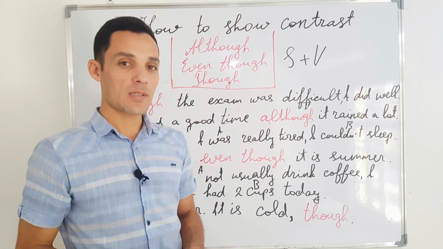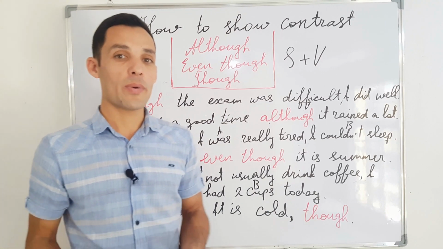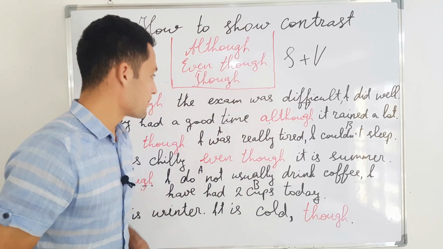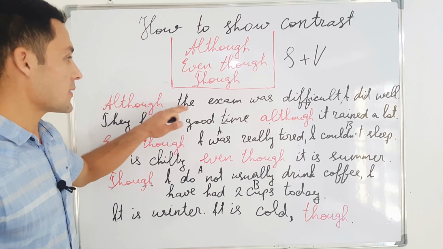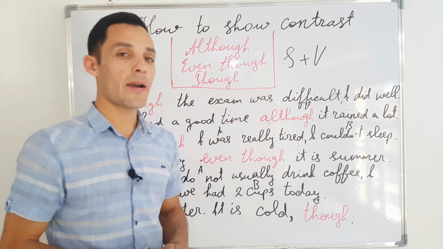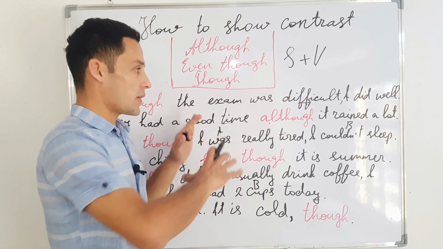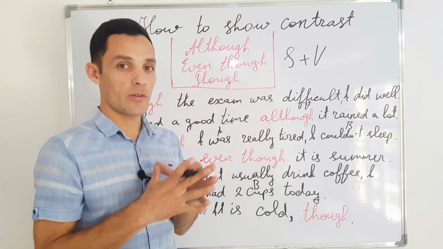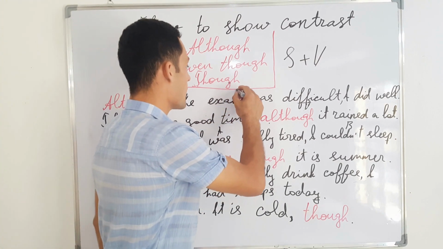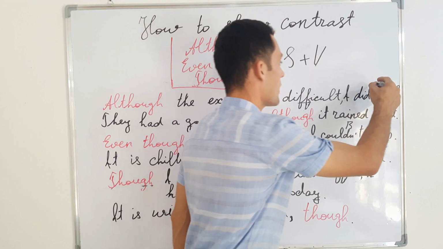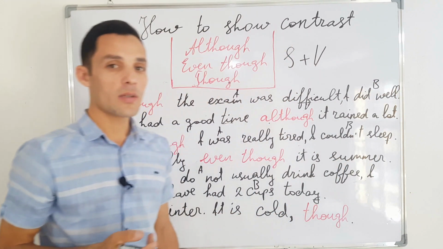Well, let's have a look at some examples in order to understand these words better. The first example is, "Although the exam was difficult, I did well." You see, there are two sentences, but we connect them with although. So we have A point in here and we have B point in here.